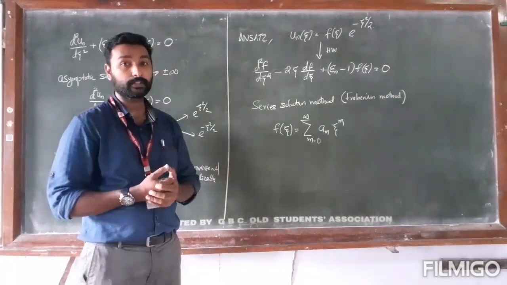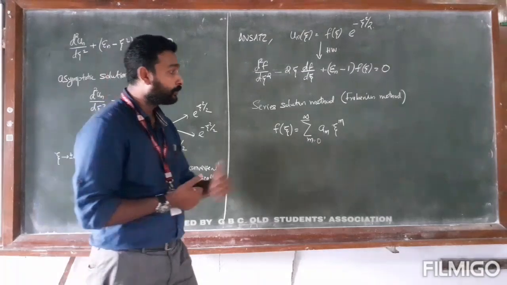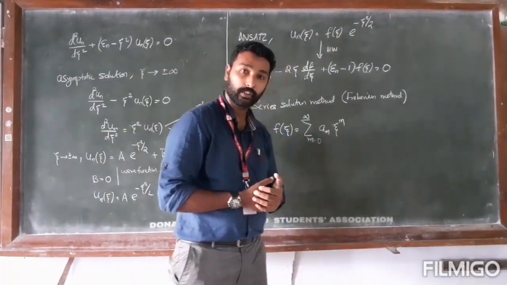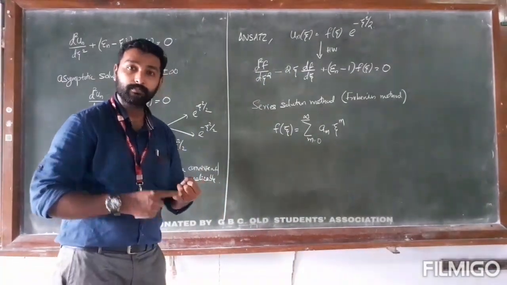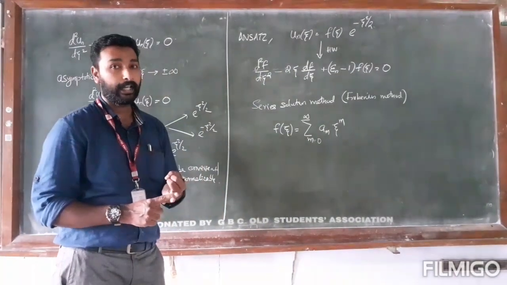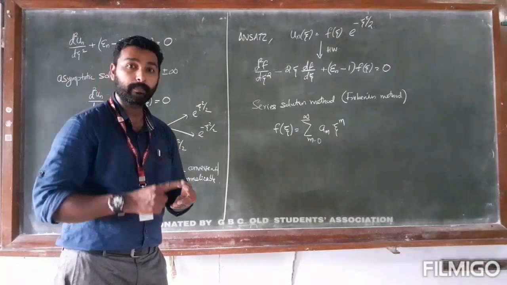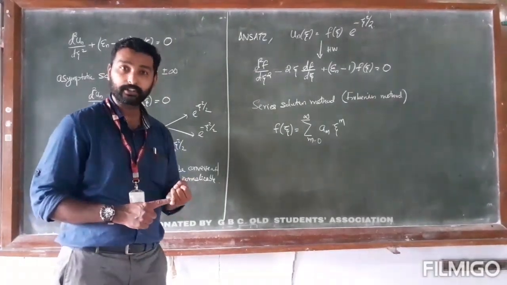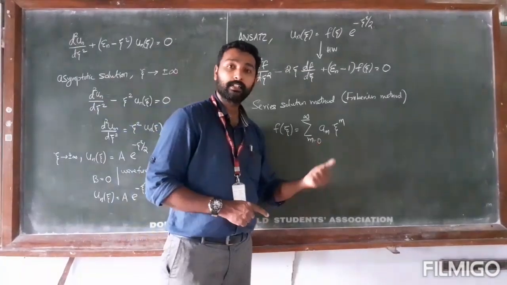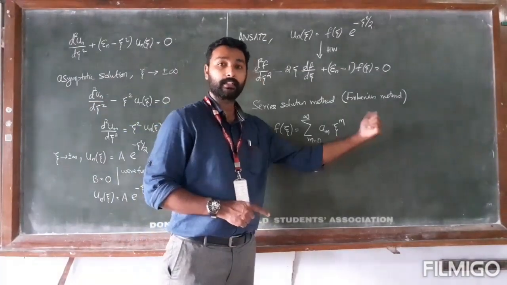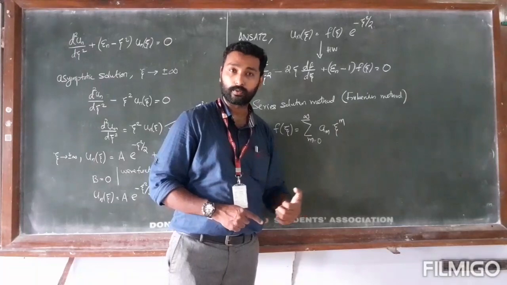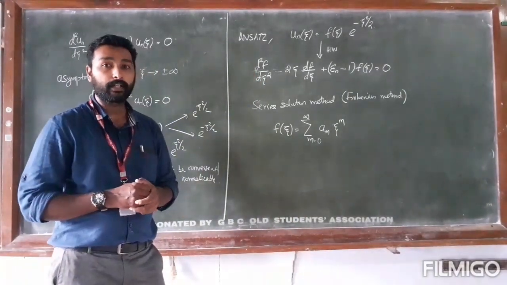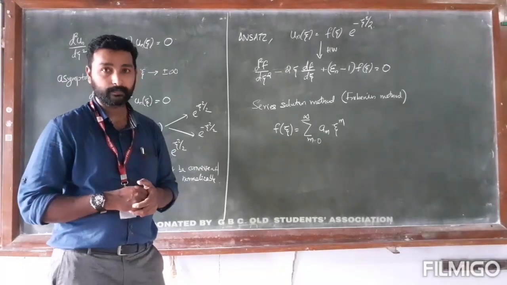What is the problem with the dimension? If x has a dimension, then you will get many terms while expanding this summation. The first term would be a constant, the second term would be x dependent, the third term would be x squared, and so on. That means the first term would be dimensionless, the second term has a dimension of length, and the third term has a dimension of area, and so on. That is unphysical. You cannot add quantities of different dimensions.